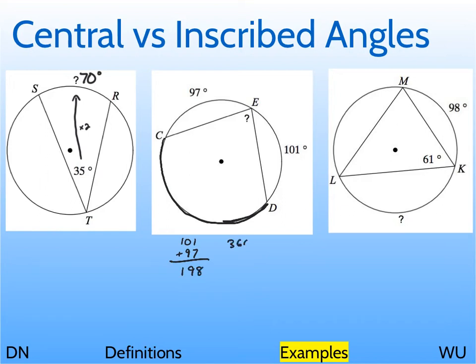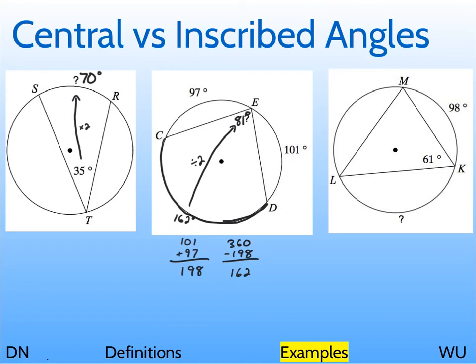And then you do 360 minus 198. That arc right there is 162 degrees. Now remember, the inscribed angle is smaller than the arc measure. It's half the measure. So divide by 2 here, and you get the angle CED is 81 degrees.